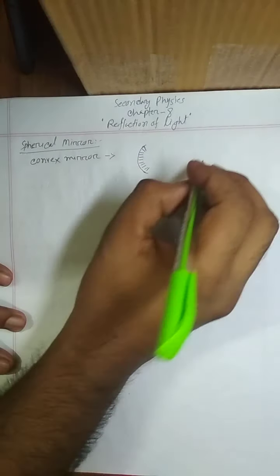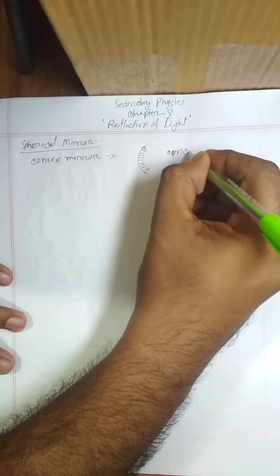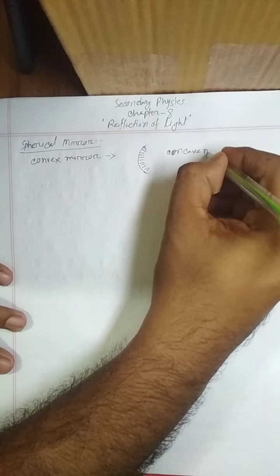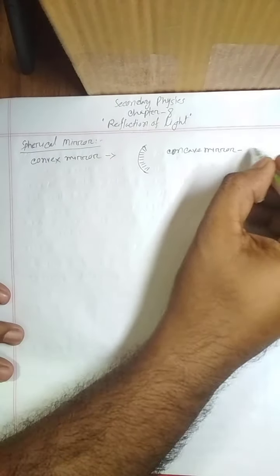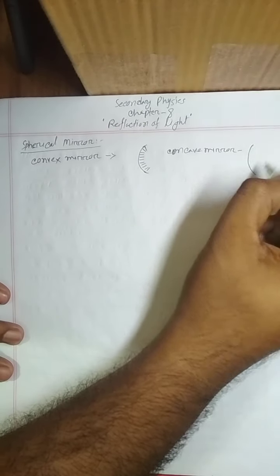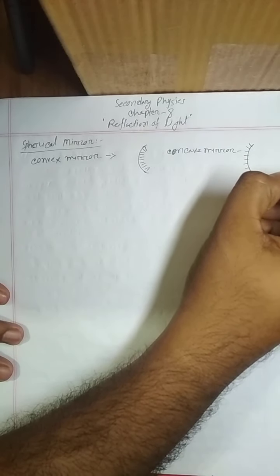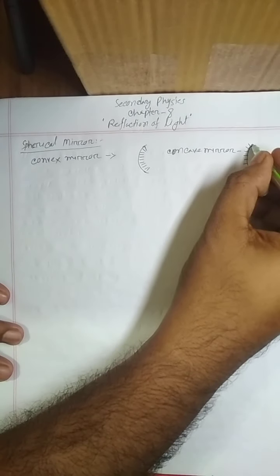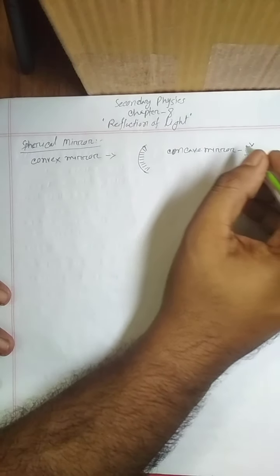This is a convex mirror. Concave mirror: the outer part is coated with silver or aluminum, and the inner part is shiny. This is a concave mirror. Okay.